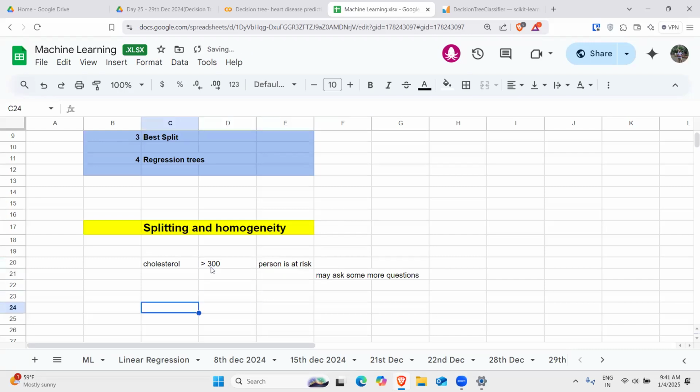Okay. Now, suppose instead of measuring the cholesterol, the doctor first asks the age of the person. If the person says, say, 25, the doctor may not be completely sure whether the person has heart disease or not, right?